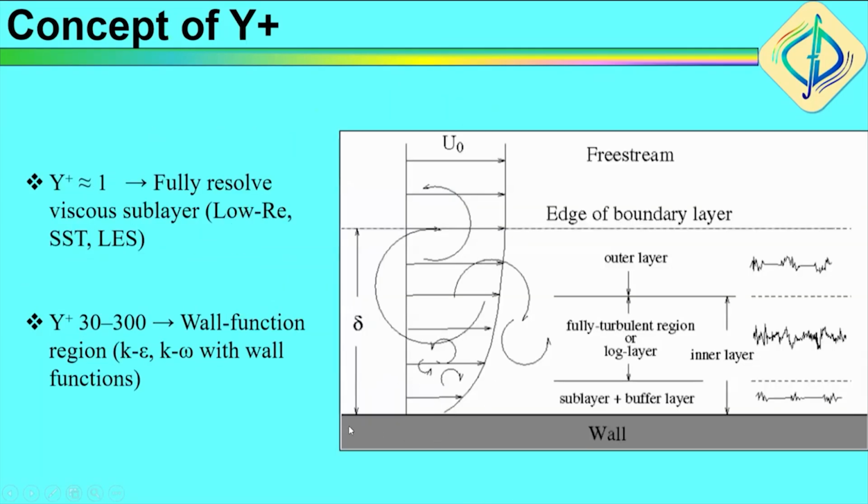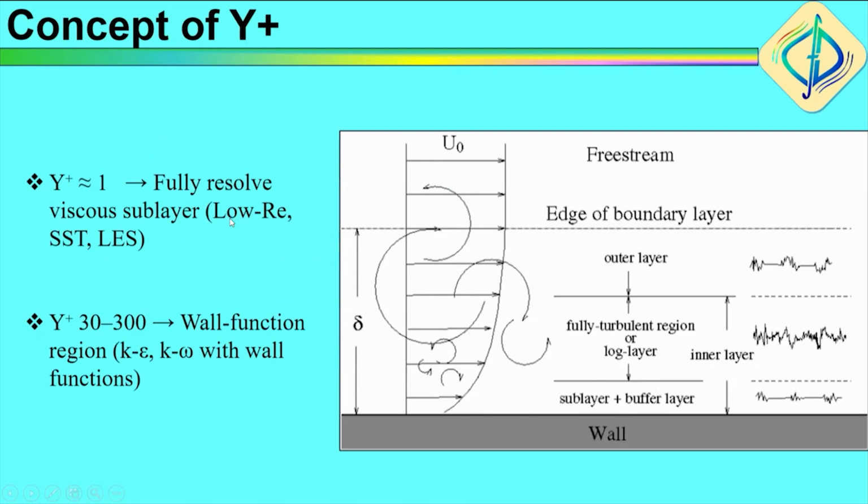Let us say this is our wall, and the free stream velocity is coming from this end. Here the eddies are forming, and there are 3 layers: one is the buffer layer, the second is the log region, and this is the outer layer, and this is the edge of the boundary layer, and beyond it we can see the free stream velocity.